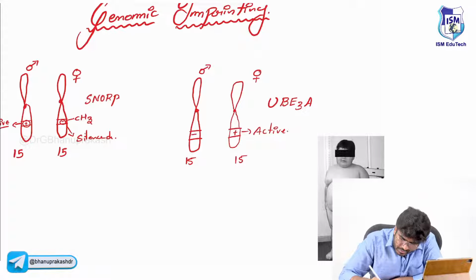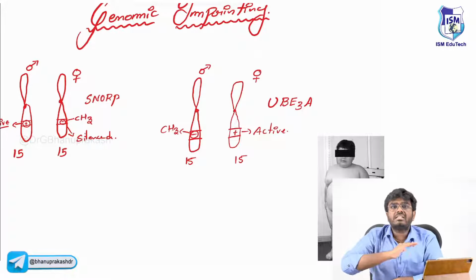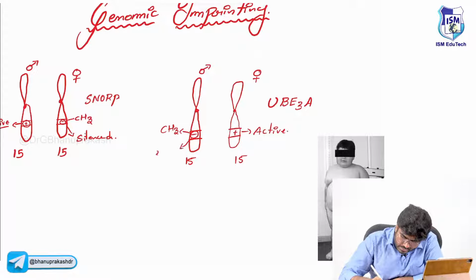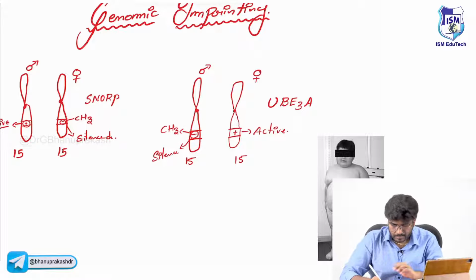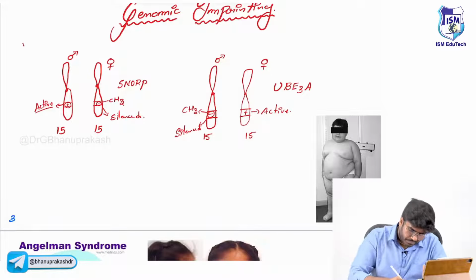But here, this UBE3A gene on the father is methylated. By the process of methylation, the genes are totally silenced. So how can you do gene silencing? By methylation. Now, silenced. This is something normal.